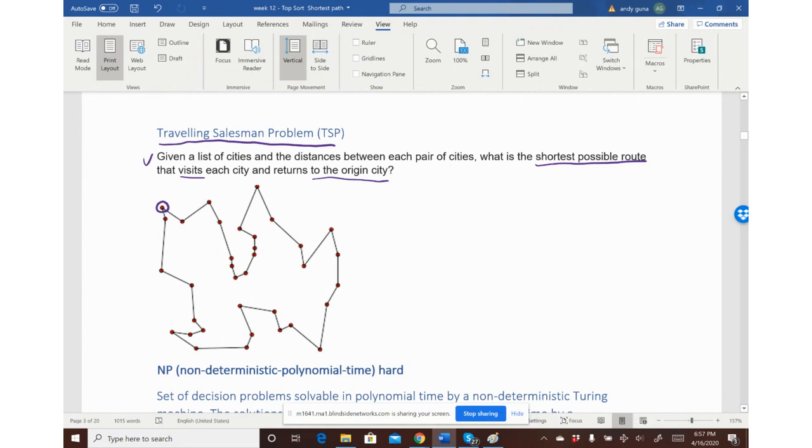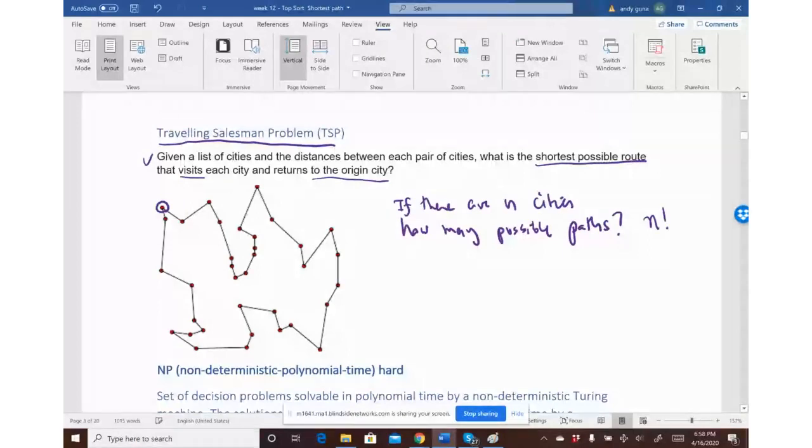So I have a question for you. If there are n cities, how many possible paths are there? Okay, if there are n cities, there are n factorial possible paths.